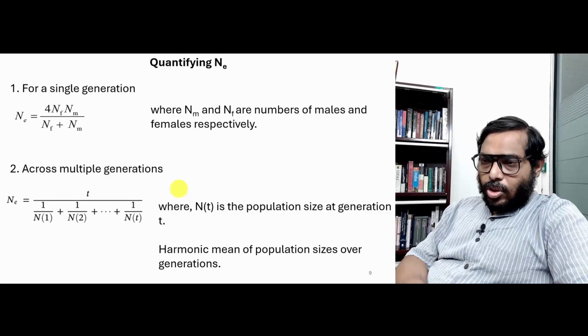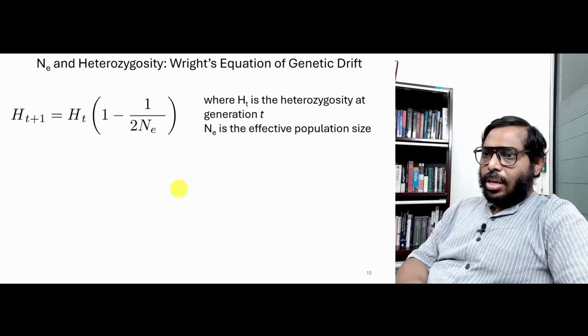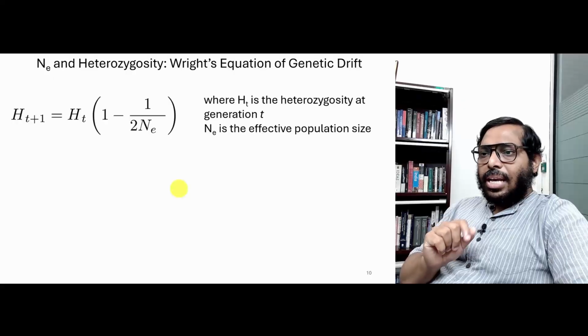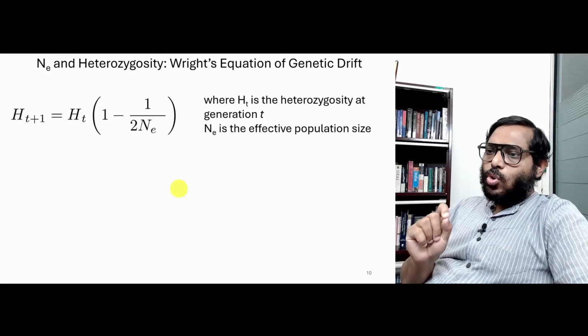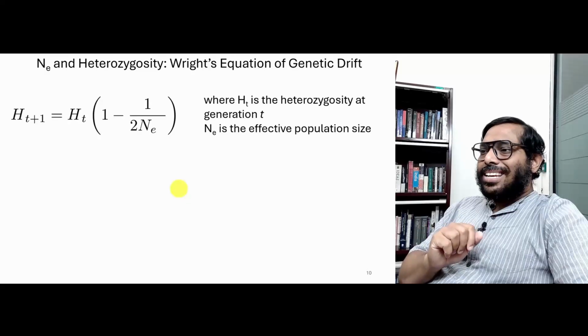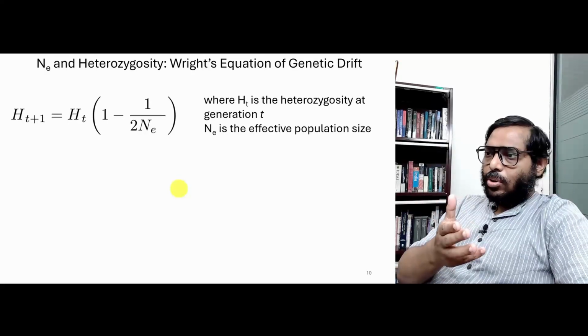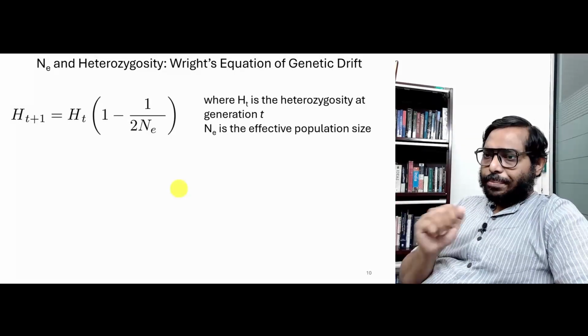And finally, remember we were talking about heterozygosity or loss of heterozygosity. So, the formula for the loss of heterozygosity is given as Ht+1 equals Ht times 1 minus 1 by 2Ne, where Ht is the heterozygosity at generation T, what fraction of the population is heterozygotes at generation T, and Ne is the effective population size.